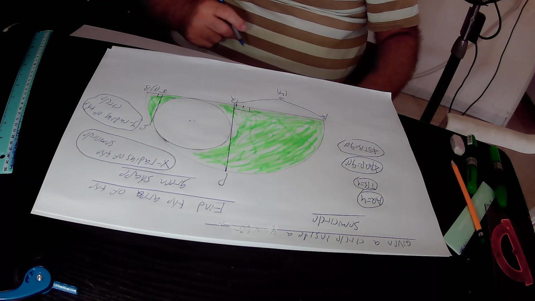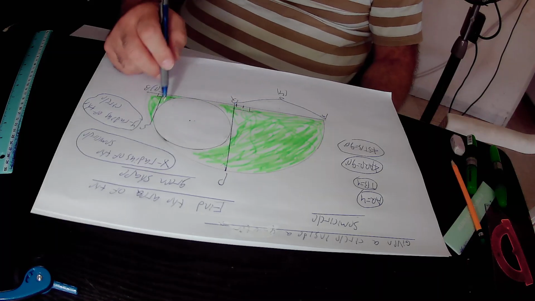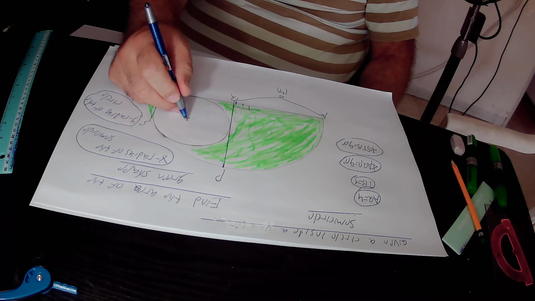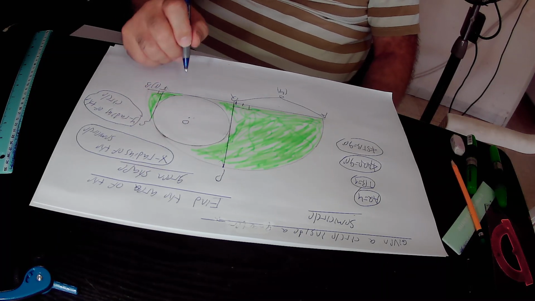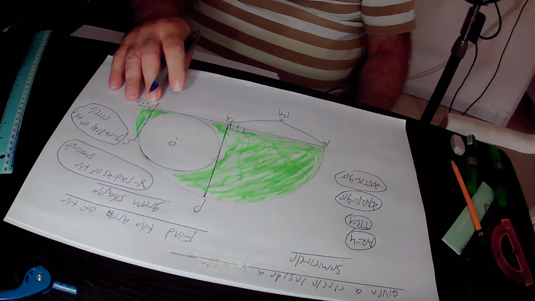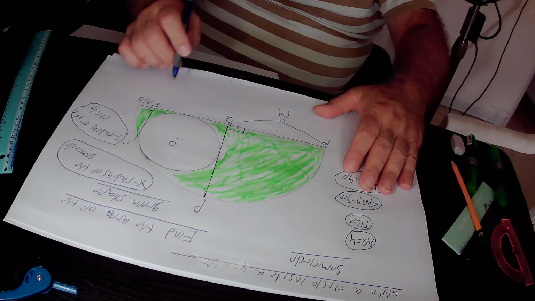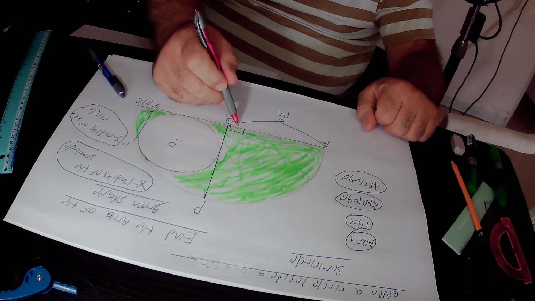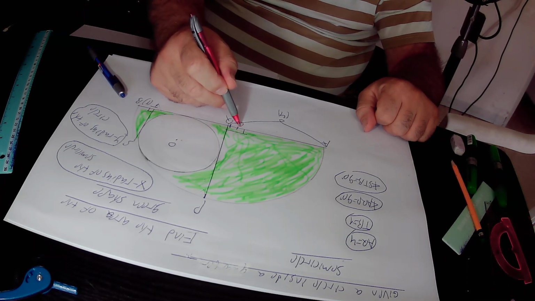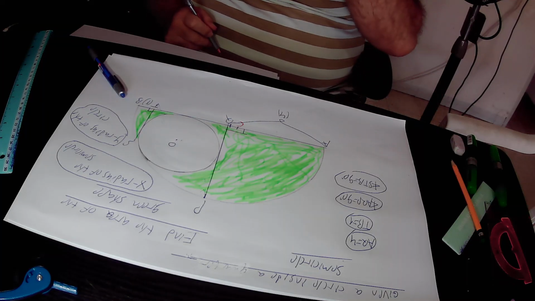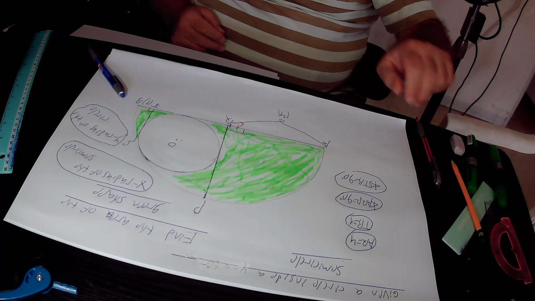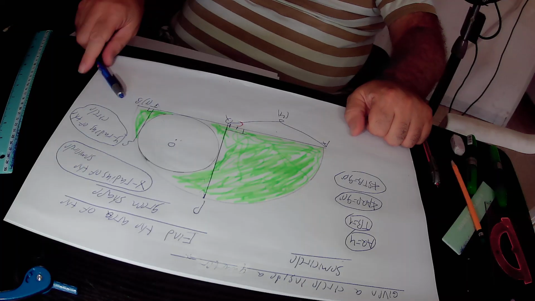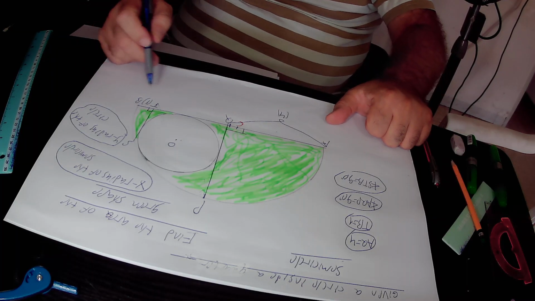In addition, we define the center of this small circle. This point is point O. Likewise, we define the center of this big semicircle. This point is point C. We will also define the point of tangency of tangent AB with this small circle.